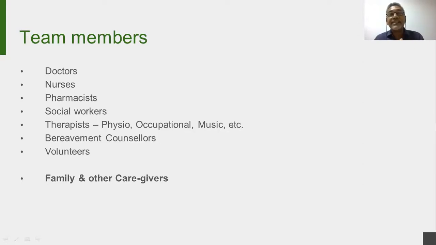And irrespective of whether we consult a doctor or not, still the family has a role to play. And we should not forget about these family and other caregivers, and not forget to include them as part of the care team, along with the doctors, nurses, social workers, etc. Next.